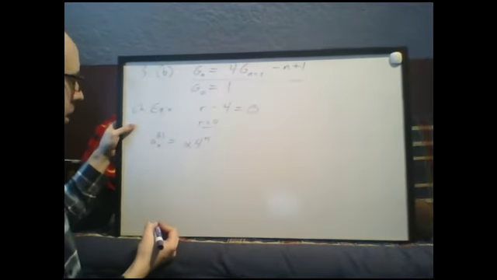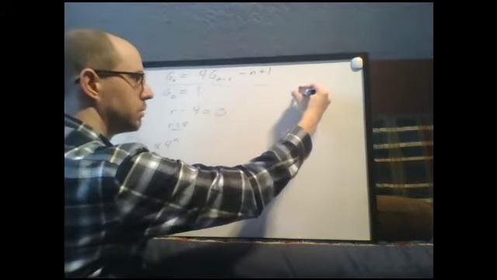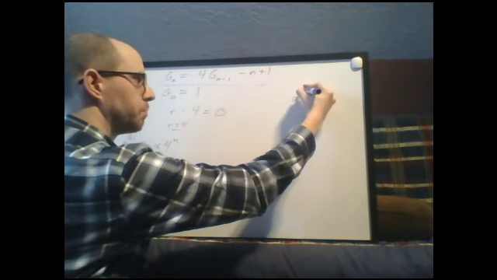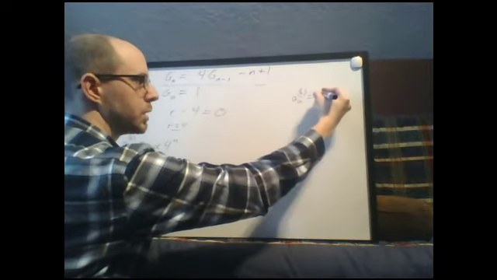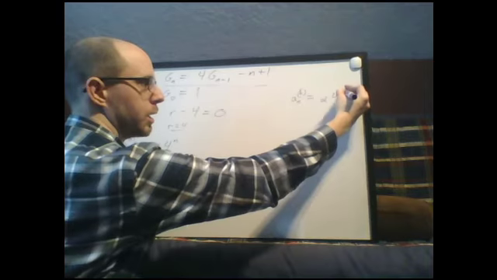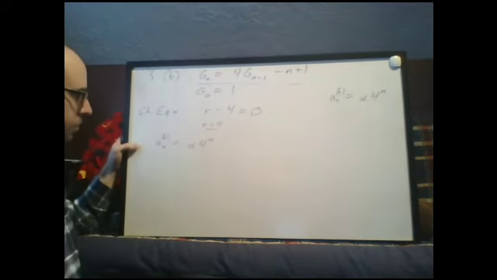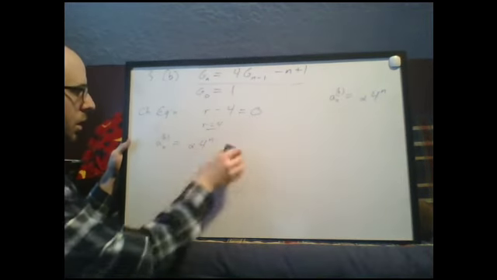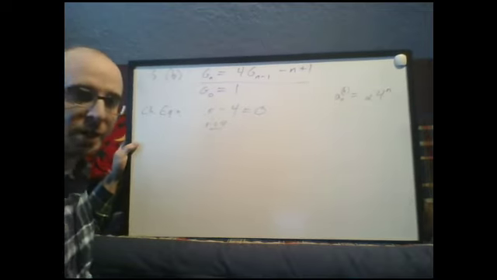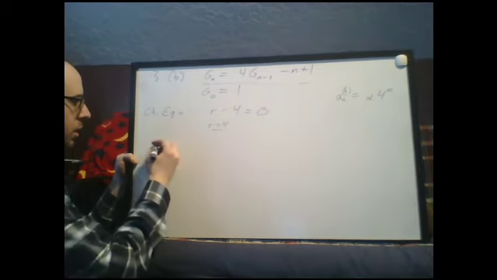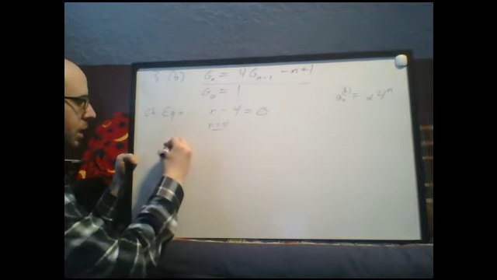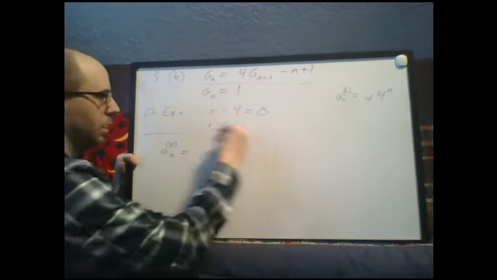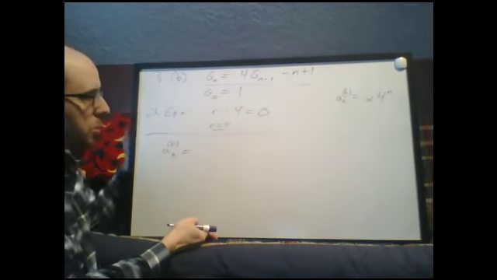So let me put these ingredients off here to the side. Alpha times 4 to the n is our homogeneous part. Then we need our particular solution, APN. This is just like we did on problem 2.